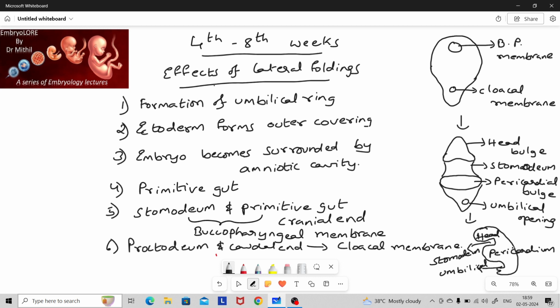So now let us try to understand in a pictorial way how the folding of the embryo and the formation of the umbilical cord takes place, which is followed by the formation of the primitive gut, with which we will be ending the video.